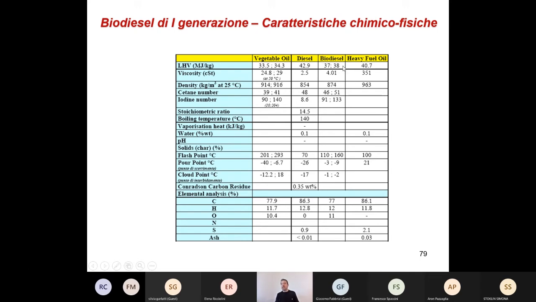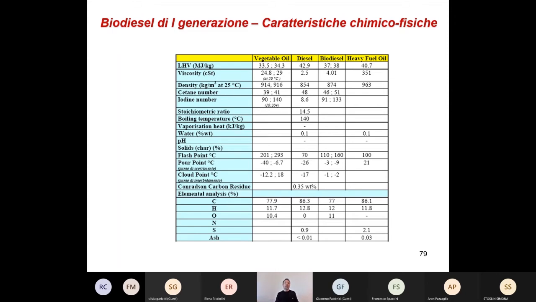You see that diesel has 43 megajoule per kilogram. Biodiesel is 37, 38, so not so far away from diesel energy content. If you remember, ethanol has 40% less energy content.